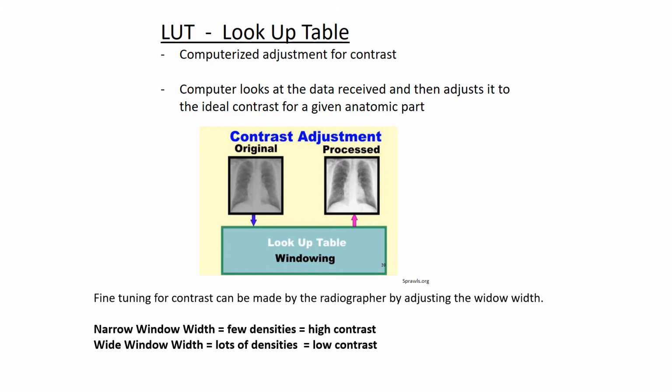So the window level is that brightness level, and the width is the range of different densities around that level. Remember, if you have few density differences, then we've got a narrow window width. Narrow window width, not a lot of densities, high contrast. Now, if I open up the window and let all those densities come in, lots of different densities, now I've got a very long scale of contrast, lots of steps. So I'd say that's lower contrast.